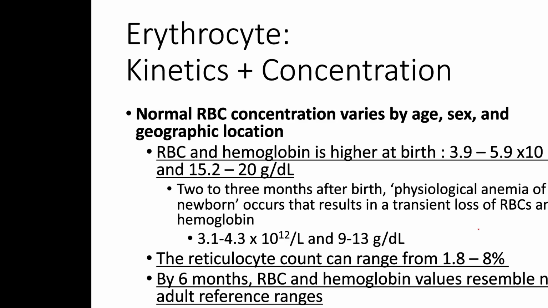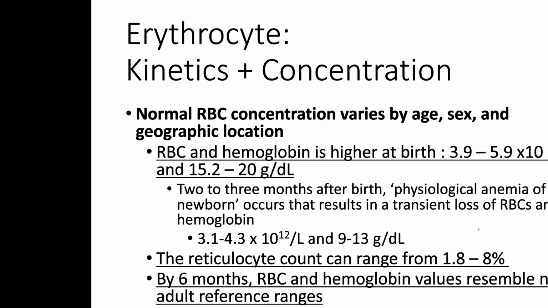So understand that when we talk about what's normal, that will vary largely by your demographics. It'll mostly vary because of your age, your sex, and geographic location. When you're born, your RBC and hemoglobin will be much higher, and your reticulocyte count can also be much higher than you normally would have as an adult. As you start to age, we have this physiological anemia of the newborn.